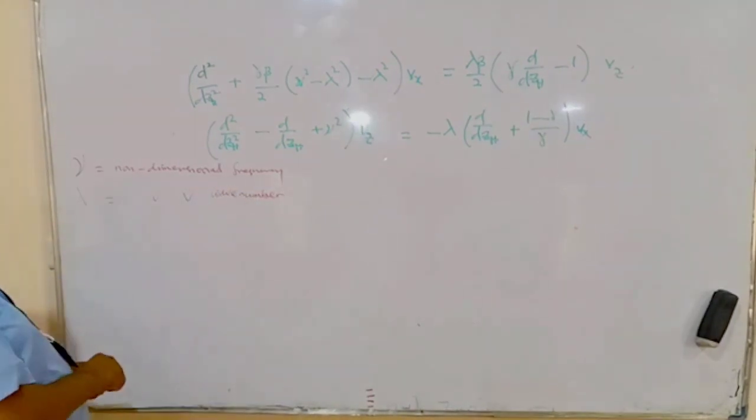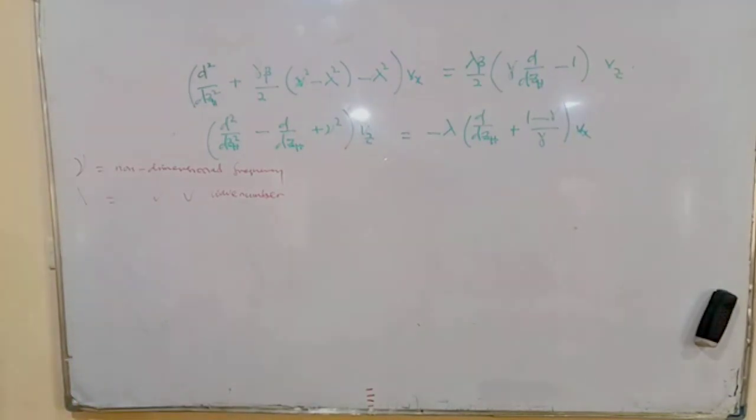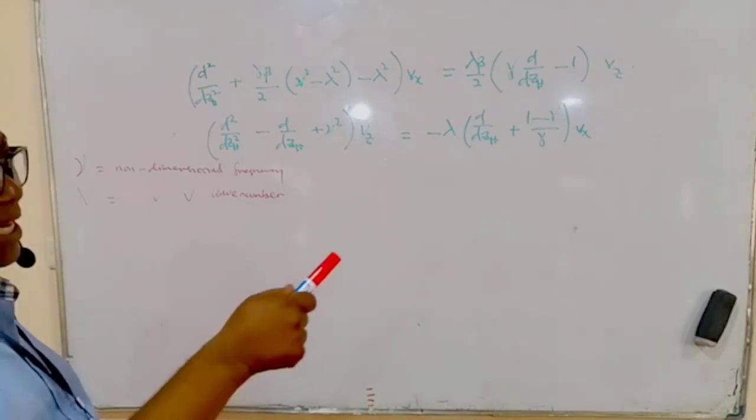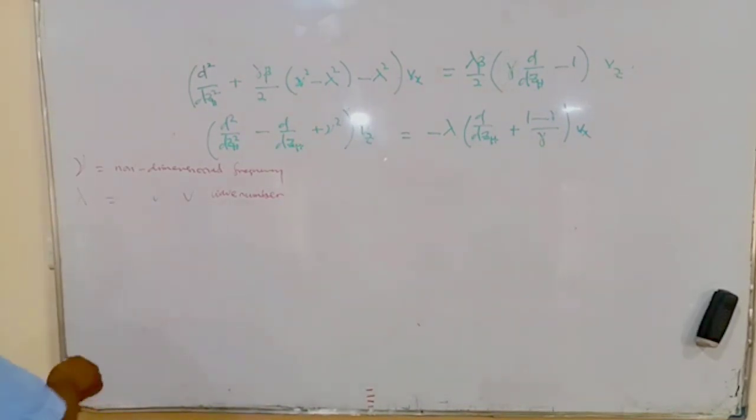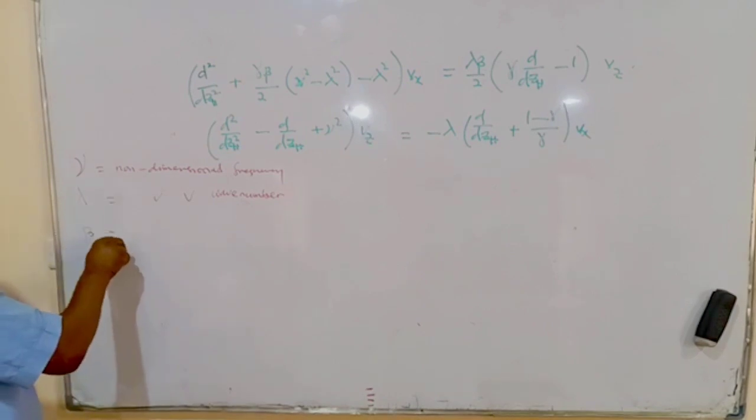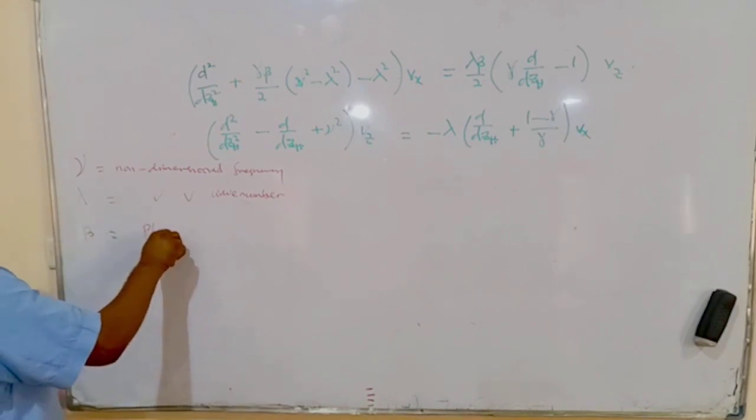The other constants are embedded there. Your beta, you can see, is the plasma beta.